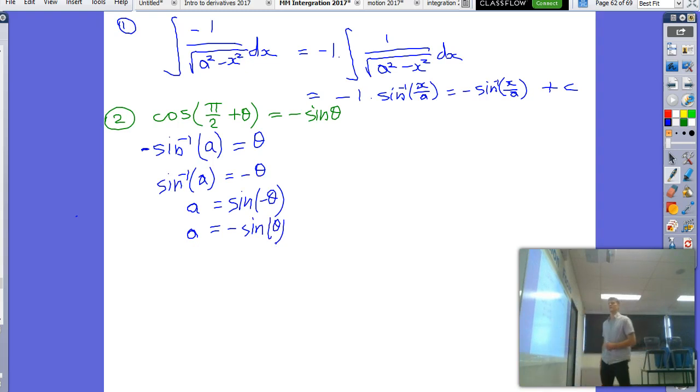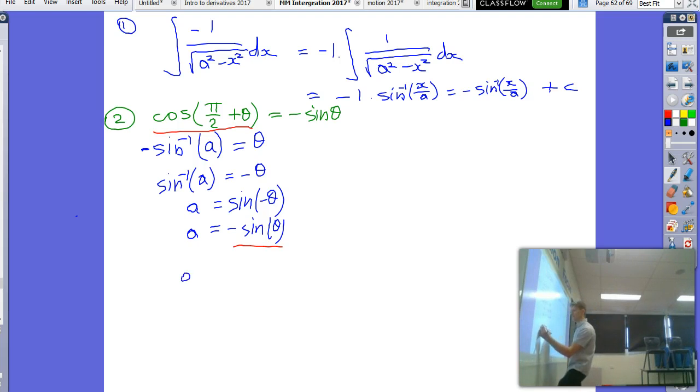Aha. Okay, so I now have this, and I'm going to connect that to a cos of an angle right there, using my complementary angle rule.